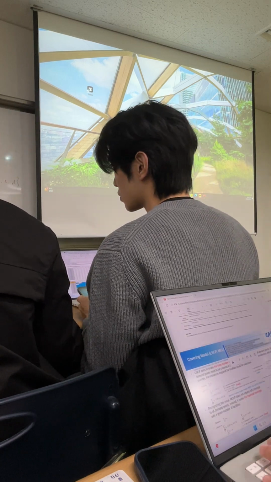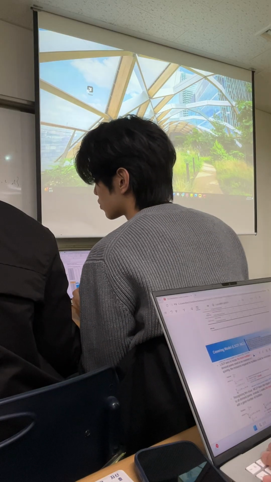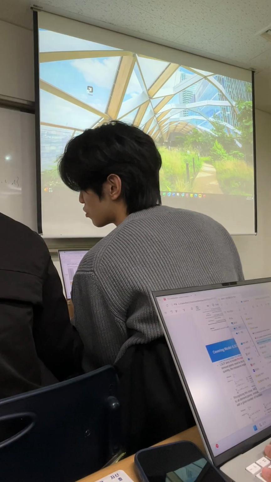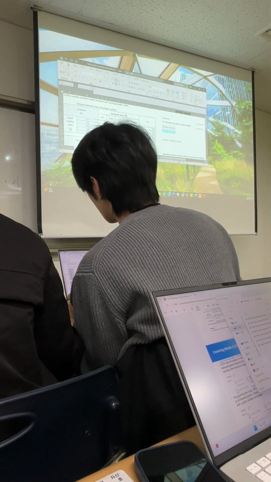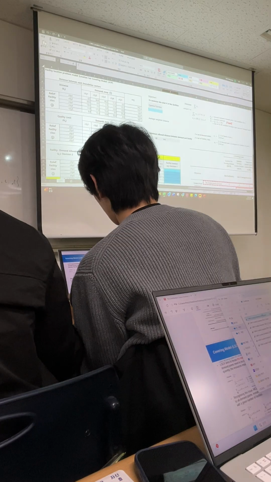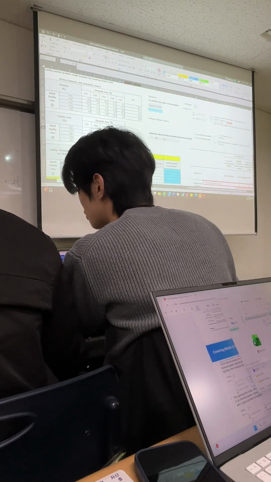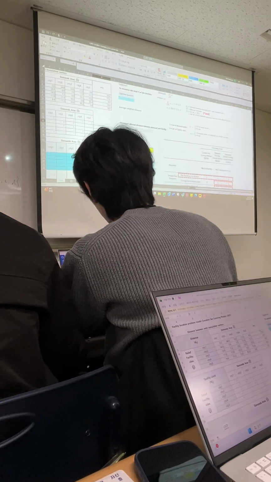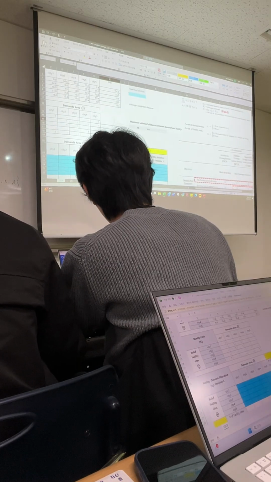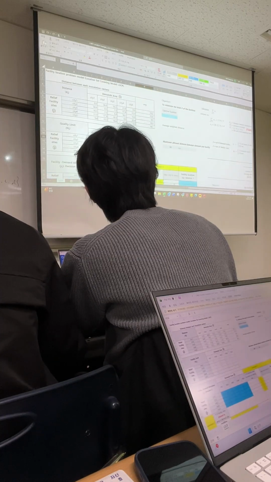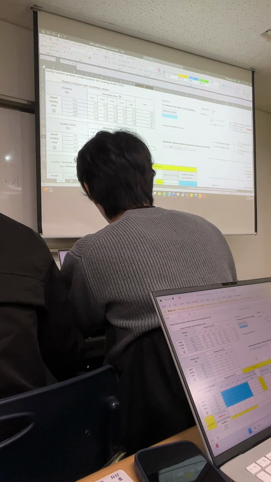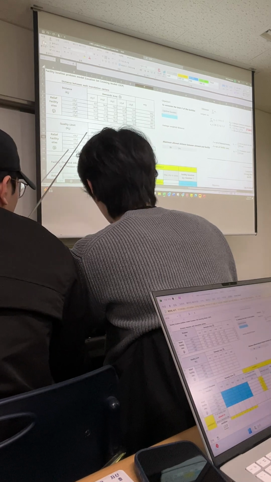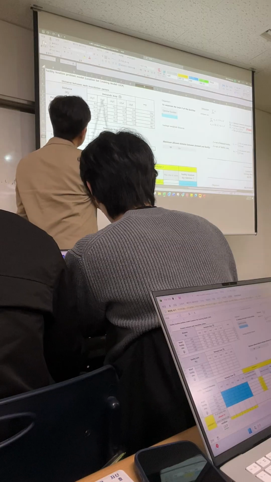Open. Can you see this? Okay. So I have a very cute small size of the set.